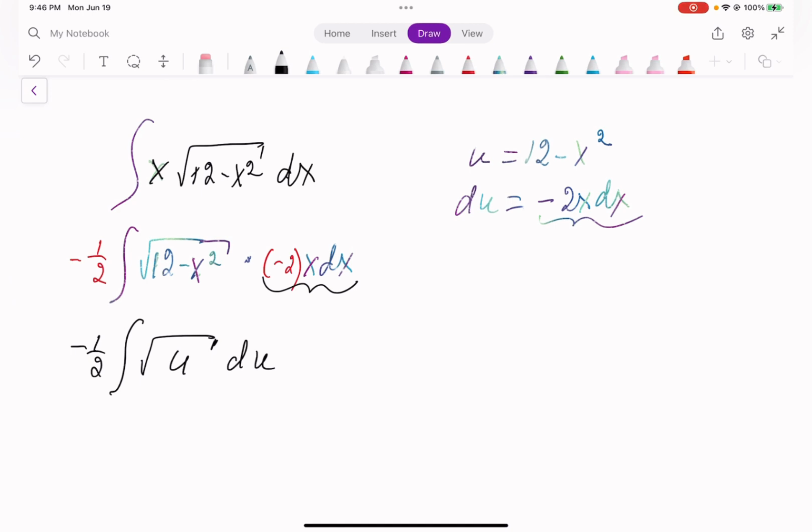Right? Now, how are we going to integrate? I'm going to rewrite negative 1/2 integral of the square root of u. I can represent it as u to the power 1/2, right? This is 1, this is 2, so 1/2: 1 comes to the numerator, 2 comes to the denominator.